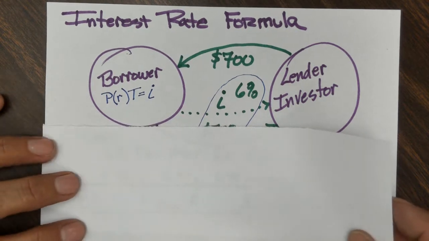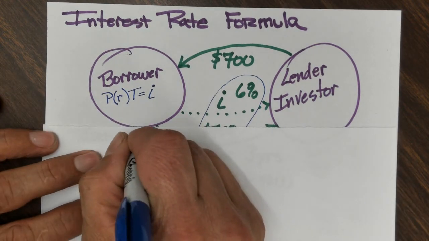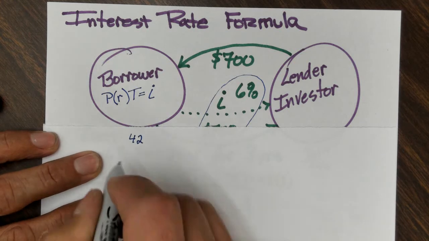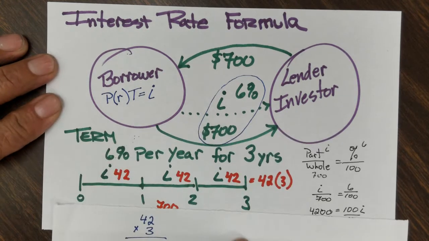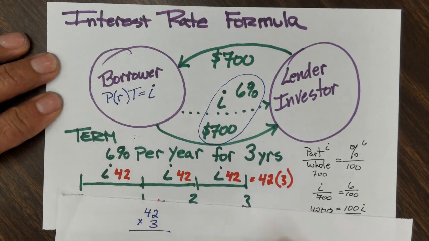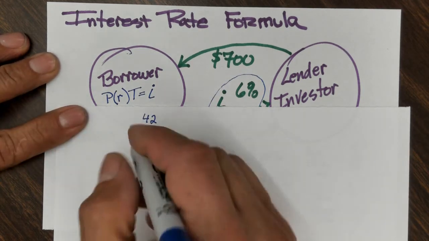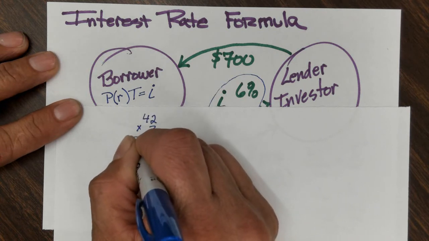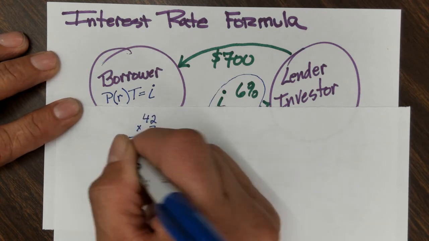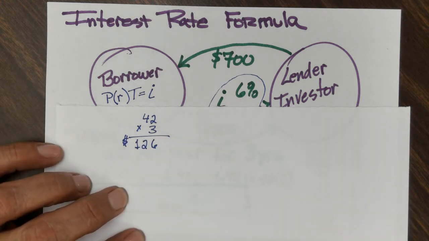If we take $42 times 3, which is the interest for every year, multiply it out, we get 6, 12, 1. So we have $126 in total interest on that loan.